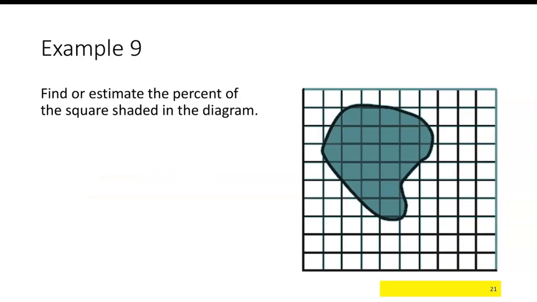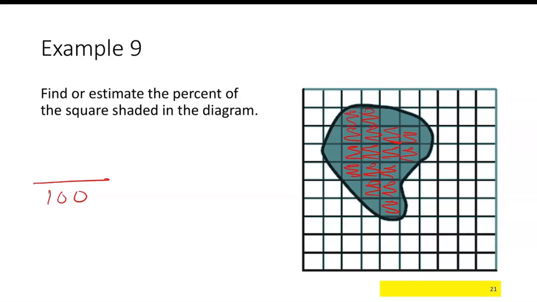And this one's a little tougher. But as a rough estimate, this is still over 100. And we want to know how many of these squares are shaded, or approximately how many. So let's count. There's 1, 2, 3, 4, 5, 6, 7, 8, 9, 10, 11, 12, 13, 14. And these two are mostly, 15, 16.